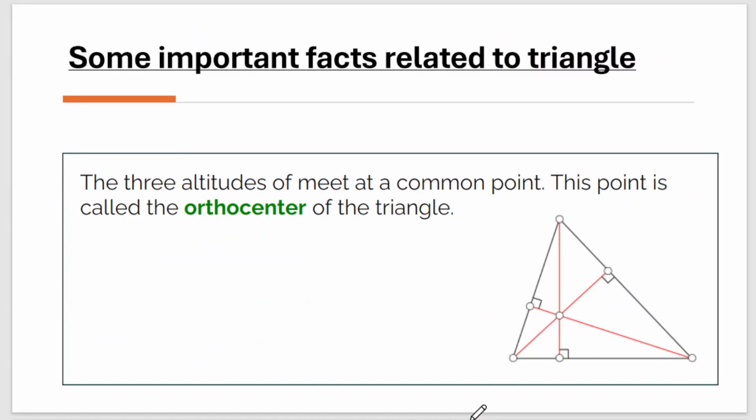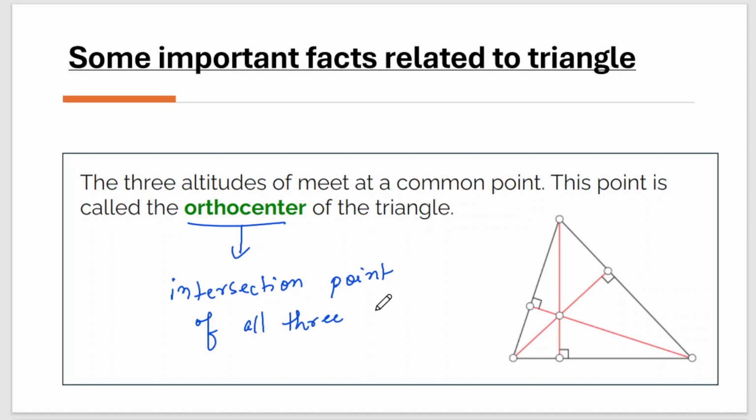Now, some important facts related to triangle we can study is orthocenter. What do you mean by orthocenter? See, orthocenter is nothing but the intersection of altitudes. Intersection point of all three altitudes of triangle.